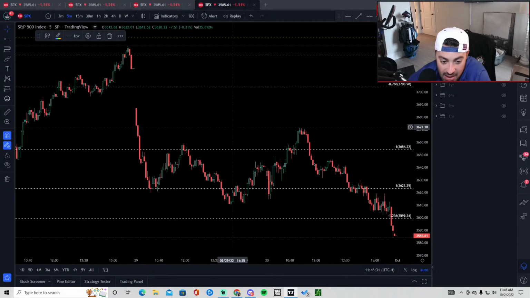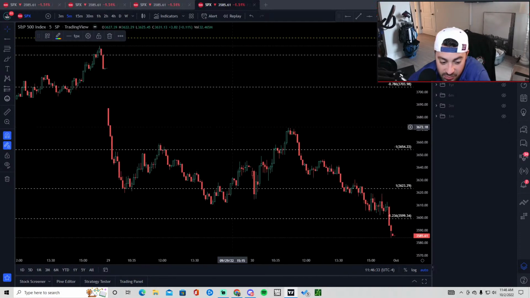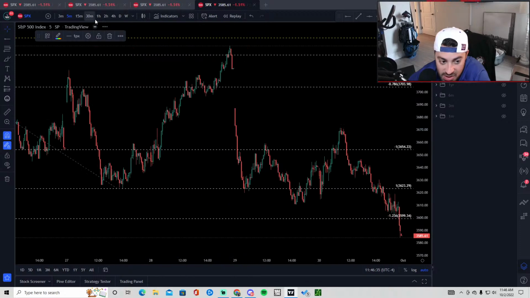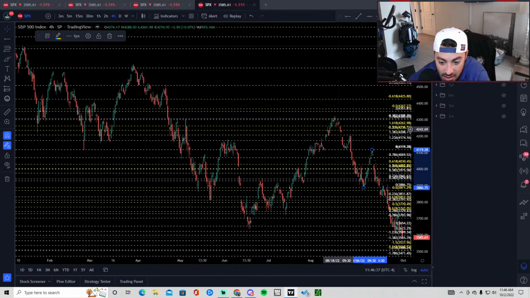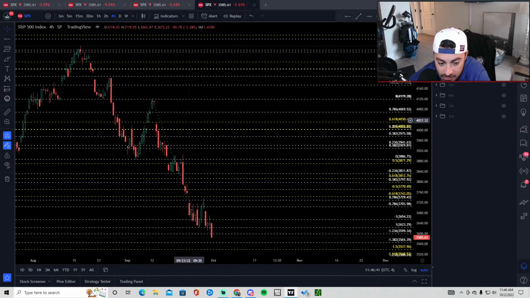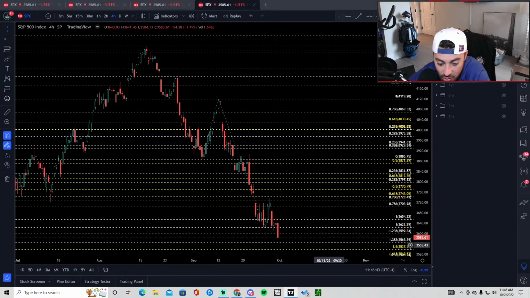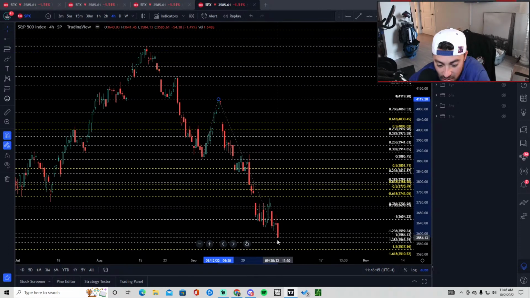When I am using either the key levels or my golden goose or whatever, I might have to redraw these, honestly, with how everything's played out.